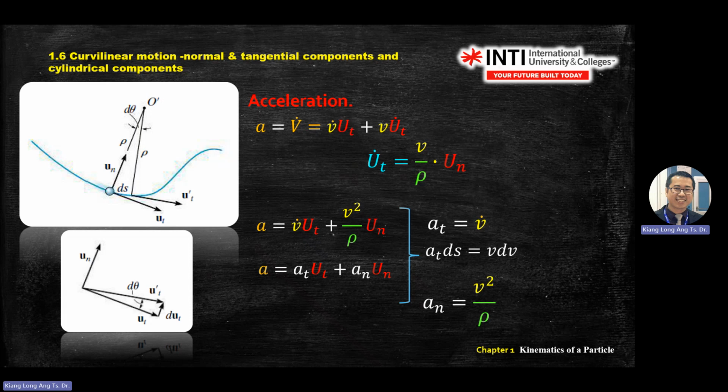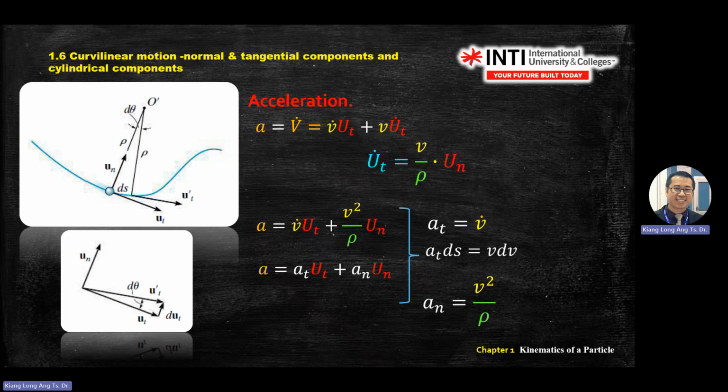A in a curve, you only see two dimensions: A equals A_T plus A_N. Of course, these are magnitudes, and the directions are U_T and U_N. This is the T component, this is the N component.